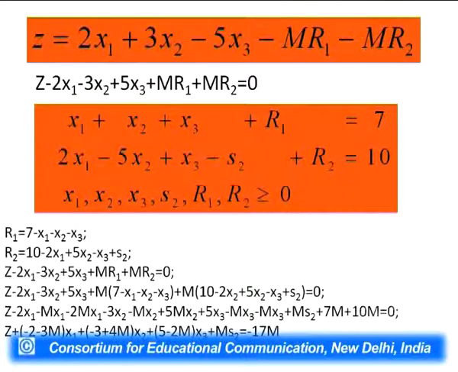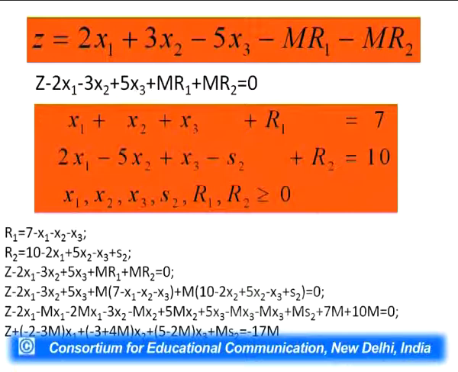Very simple. Everything has been taken to the right hand side except R1. This is the first equation which gives the value for R1, and similarly we have to do it for R2 also from the second equation.